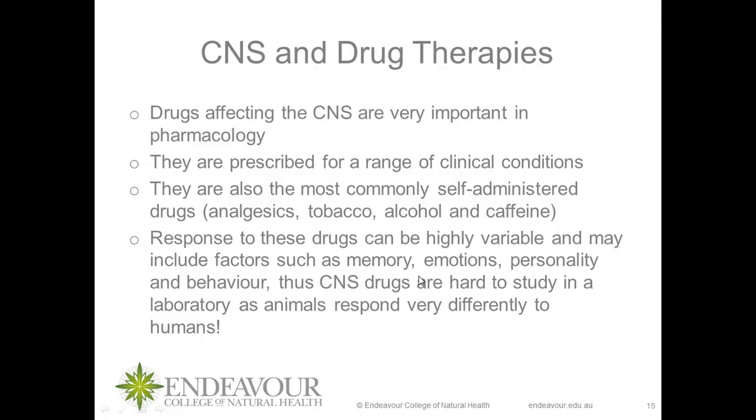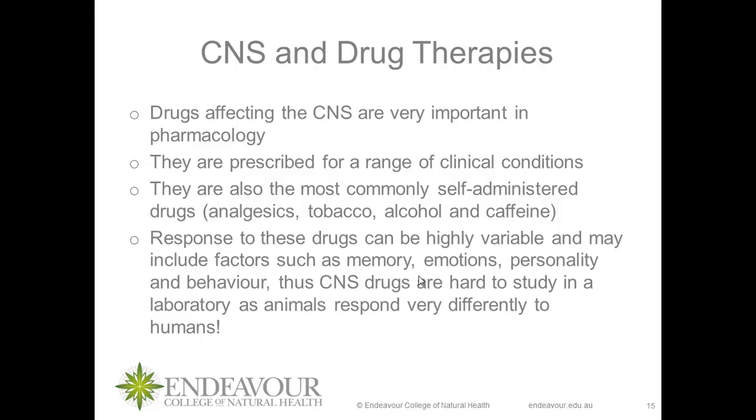People are highly unique and variable in their response to pain medications. This can be for many reasons, and when you're studying CNS drugs, you're studying CNS actions. You're looking at the person's memory, emotions, personality or behaviour, and how these drugs might be improving or assisting with those CNS actions.